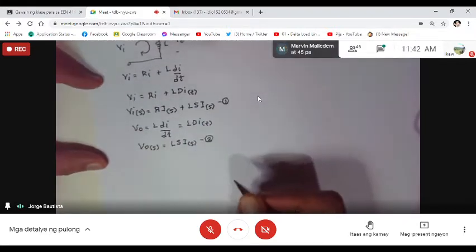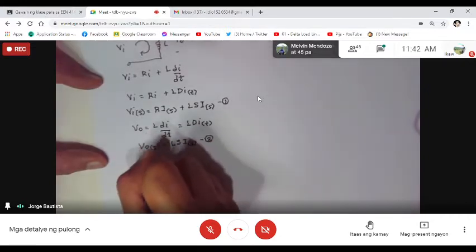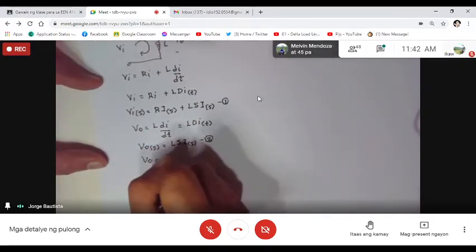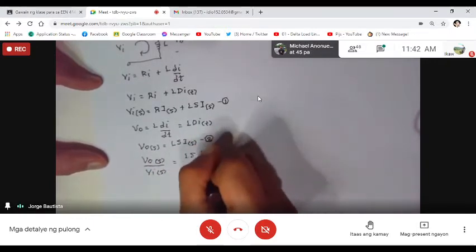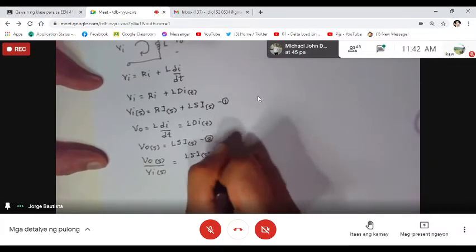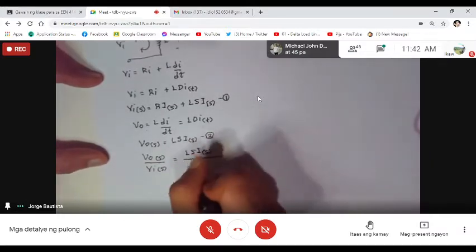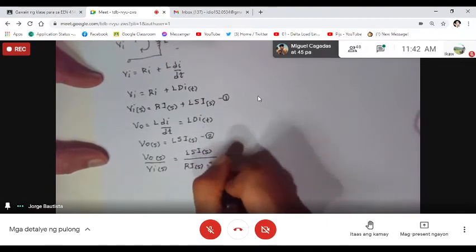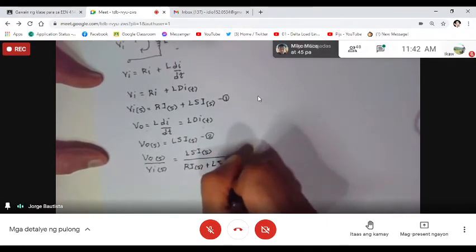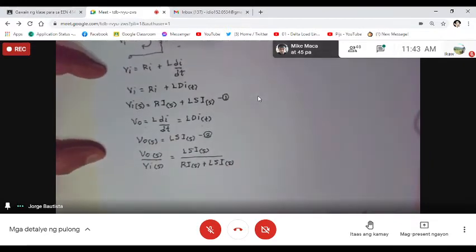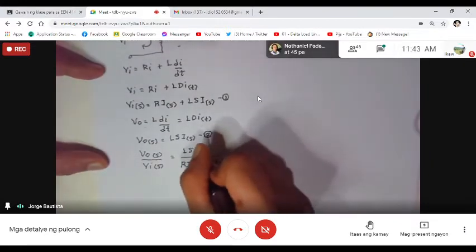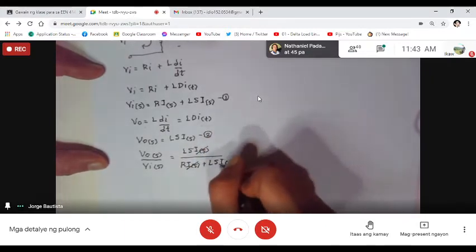So, ang transfer function natin is V sub O S output over the input. So that is L S I sub S all over R I sub S plus L S I sub S. Cancel yung I sub S. Di ba?